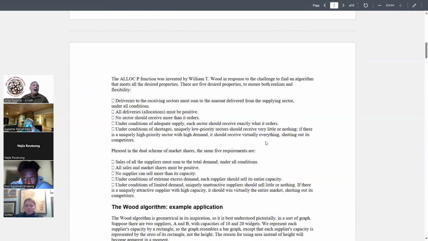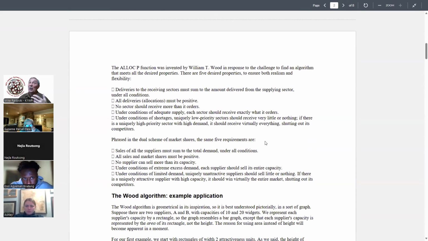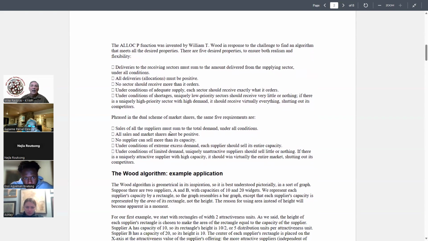Okay, so now they say, here's how to do it better. AllocP was developed originally by William Wood in response to a challenge to find an algorithm that meets all the desired properties for both realism and flexibility. So they go through every possible permutation where the simpler one could fail.